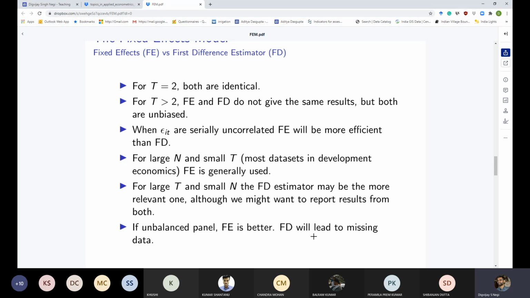So in those cases, you may want to use the first difference estimator. Although you can also estimate the fixed effects estimator and report the results from both of them, there is no general consensus whether first difference is better or fixed effects is better. It depends upon the kind of application that you are dealing with.